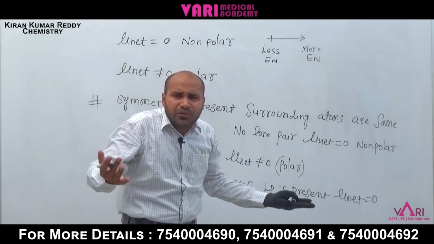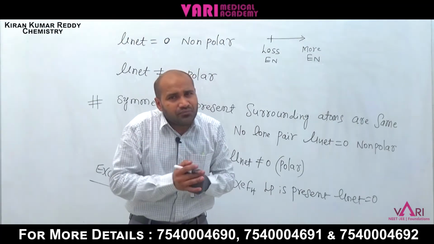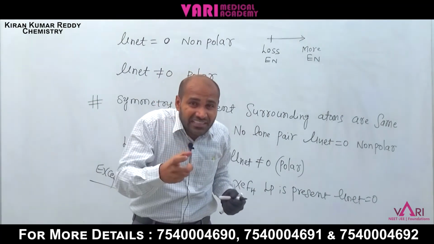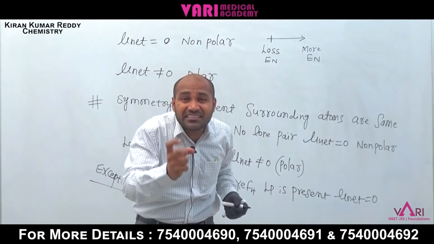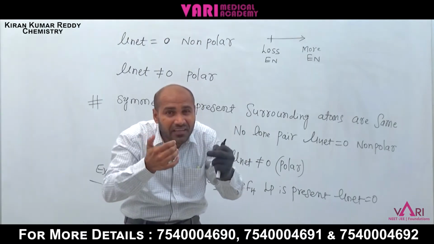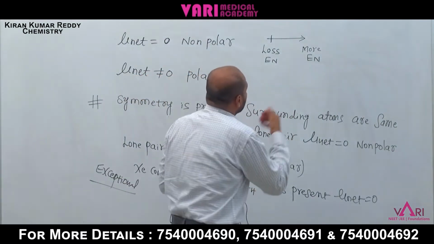Due to electronegativity, negative and positive poles are formed. What is electronegativity? It is the relative tendency to attract the shared pair of electrons, or bonded pair, towards itself. That is more electronegative.